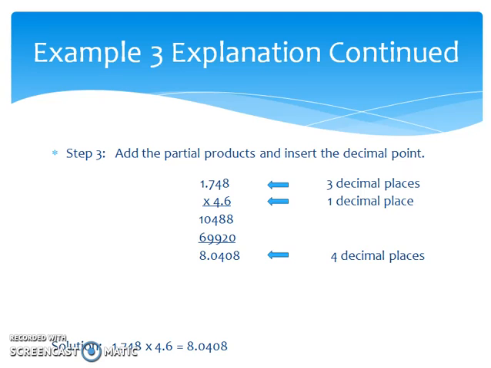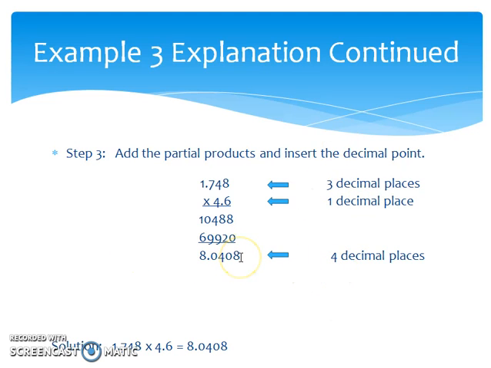Moving on to step 3, now we can look at the problem and the answer that we have, and we can decide where to insert our decimal. So I'm going to look at the place values that I have to the right here, and I have 3 decimal places. In this factor, I have 1 decimal place. So I'm going to add those 2 together to get 4 decimal places.